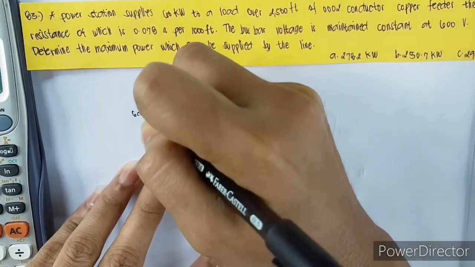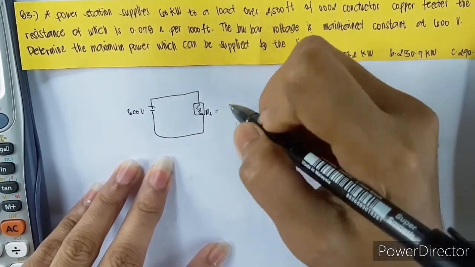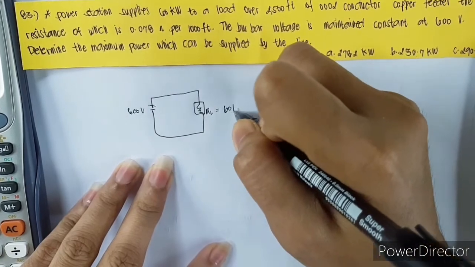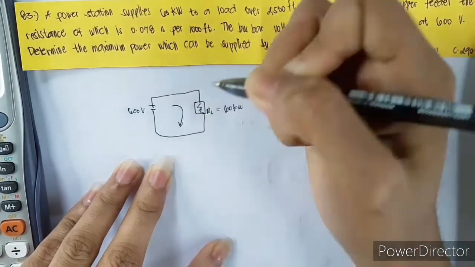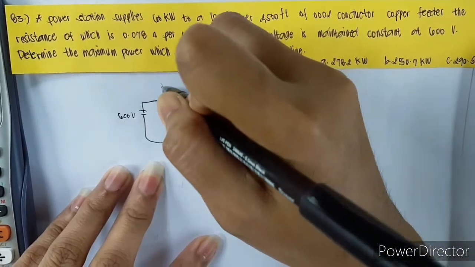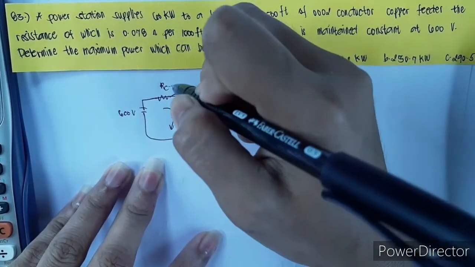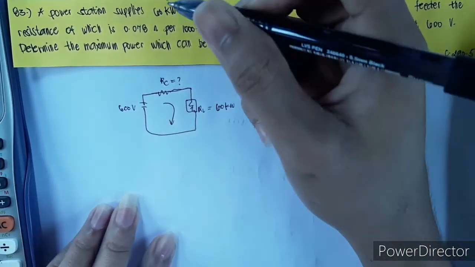So this is 600 volts, and this one is the RL, or the power supply, which is 60 kilowatt. So we have here the load current, and in this part we have the resistance of the copper, or also known as the internal resistance. So we need to find this one.